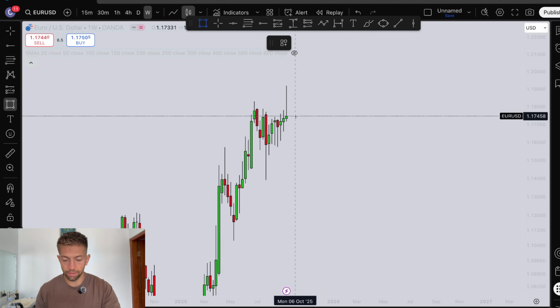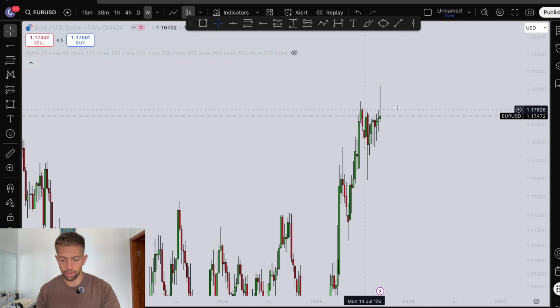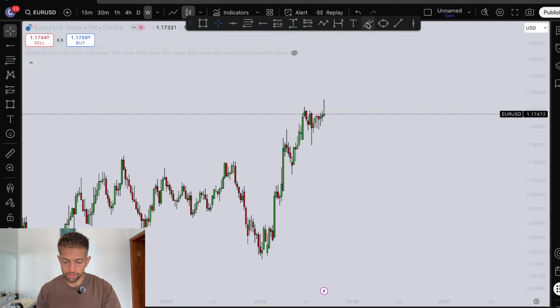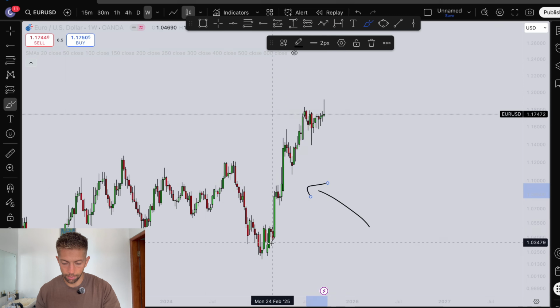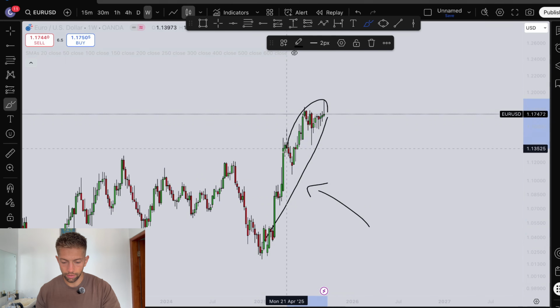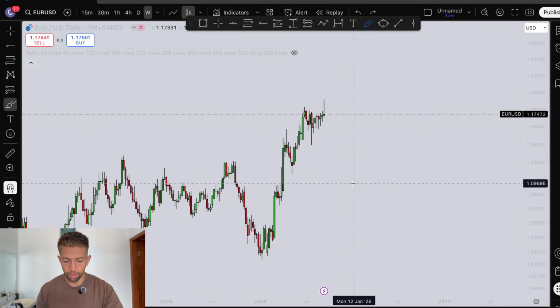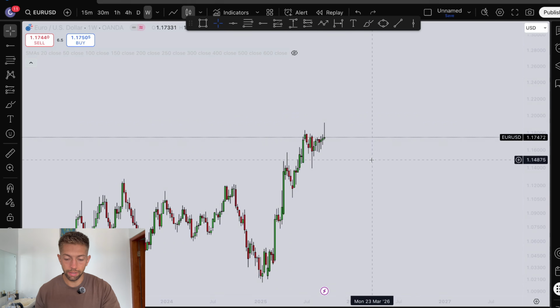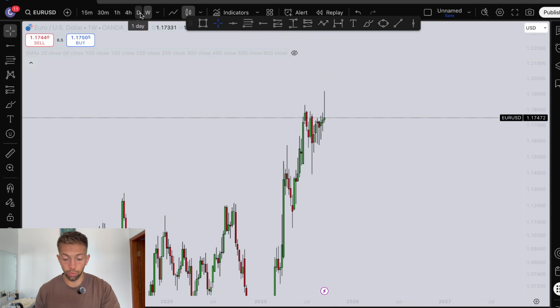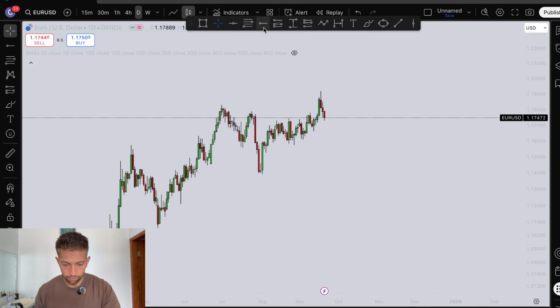So I'm either expecting some huge candlestick like this, or I'm expecting some candlestick which is gonna look weak and something like this. I wouldn't be surprised, because we are at highs. We got this huge rally on EU to the upside when price is just rallying, no real pullback. So I think maybe right now it's time to go lower. So to be honest, I'm really 50-50 on EU.